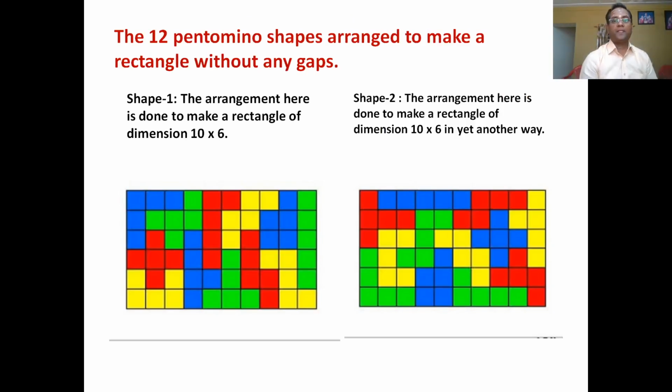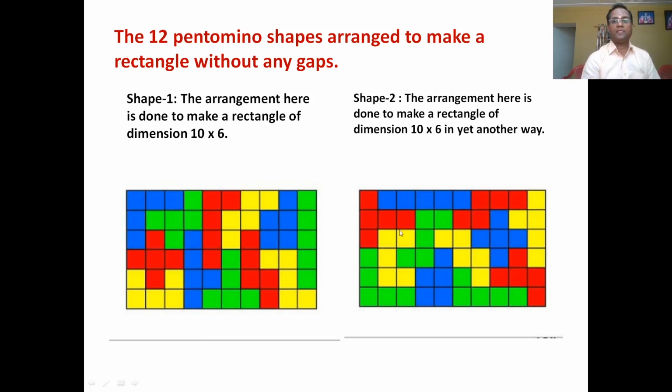Let us see here. The first is an arrangement in a 10 into 6 grid. Okay, so you can see I have used 3 blue shapes, 3 green shapes, 3 red shapes, and 3 yellow shapes. So all the 12 pentominos I have used. If I arrange them in such a way that no gaps are left, this is how I can arrange them to make a compact rectangle without any gaps.